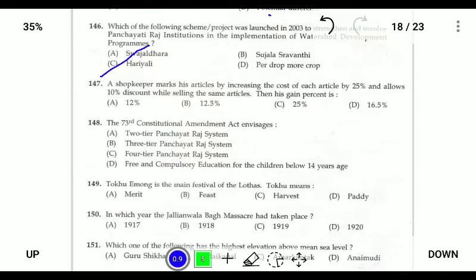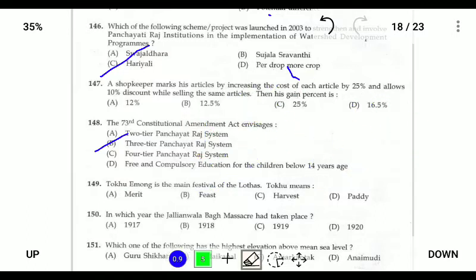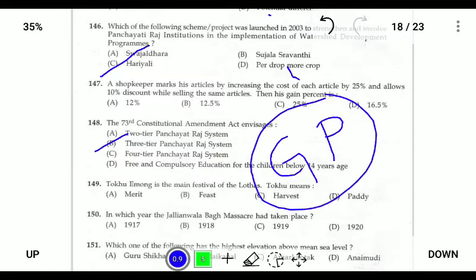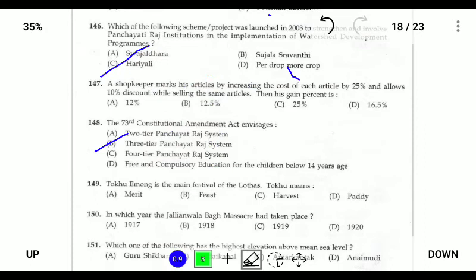So the 73rd Constitutional Amendment Act of 1992, which was passed on 23rd of March, provided for a three-tier system, that is, at the village level it is known as the Gram Panchayat, at the middle level it is known as Panchayat Samiti, and at the larger level it was known as the Zilla Parishad, and it was passed after the Balwant Rai Mehta committee report.